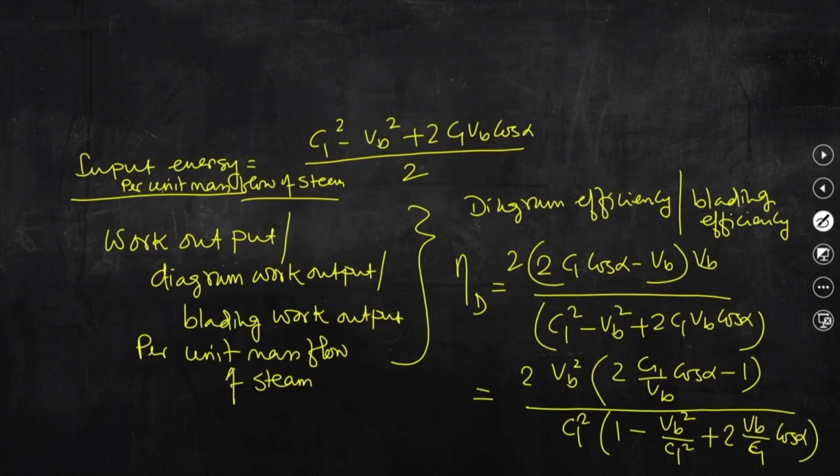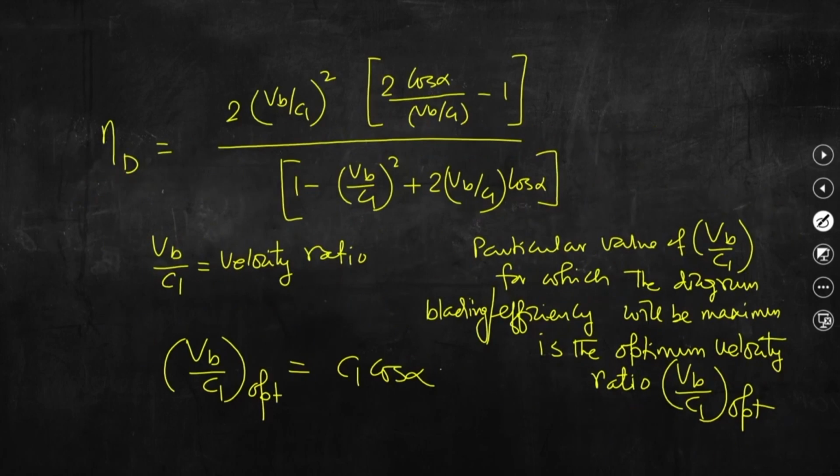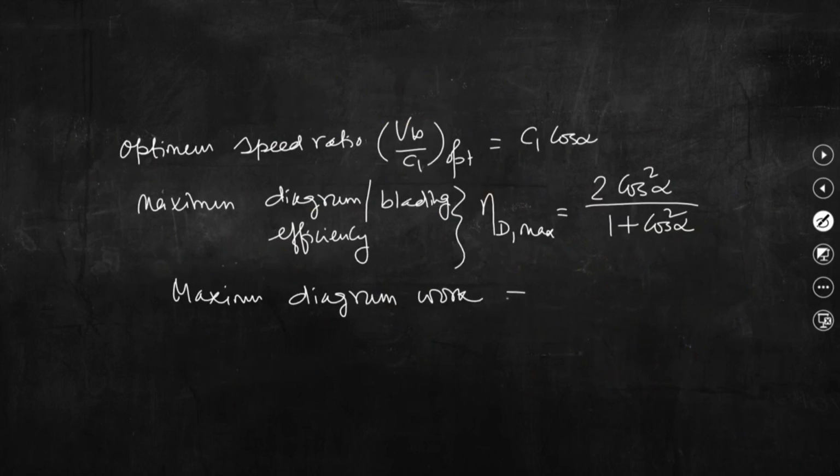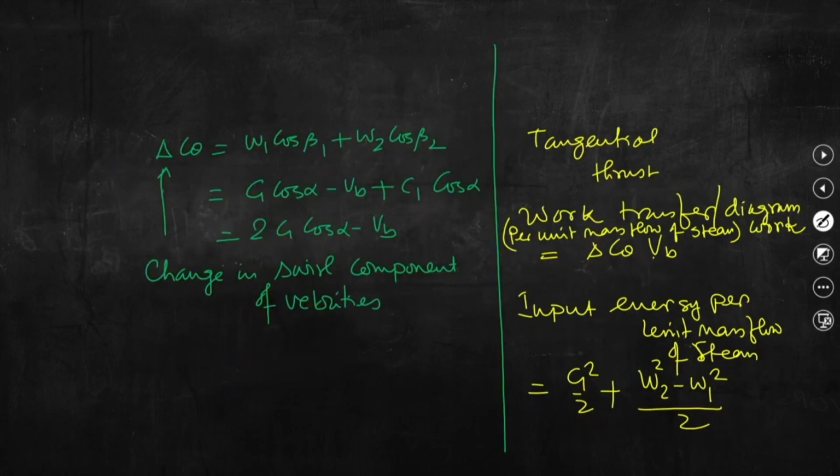You can understand the diagram work is delta c theta into Vb, and delta c theta equals 2 C1 cos alpha minus Vb. So, it would be 2 C1 cos alpha minus Vb into Vb.